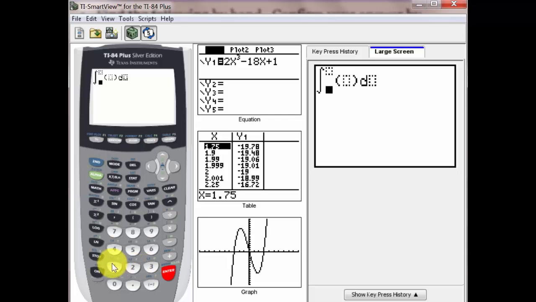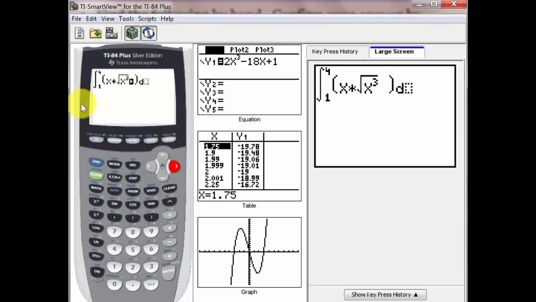But doing our first number, 1, 2, 4, and I'm going through the first example here of x times the square root of x to the 3rd. So that's my function.